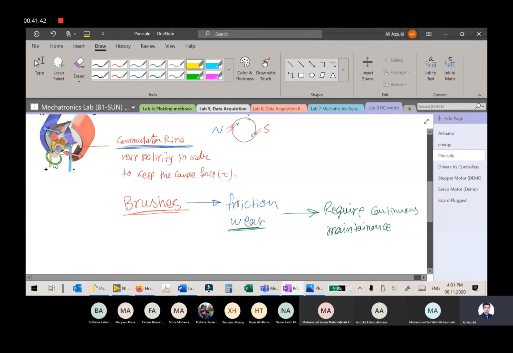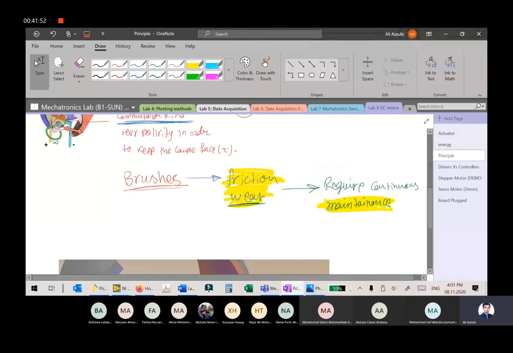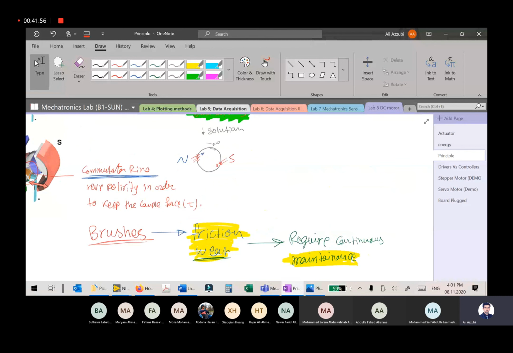This friction and wear, and consequently the maintenance problem, is just one drawback of the brushed DC motors. To solve this, they have devised what you call brushless.